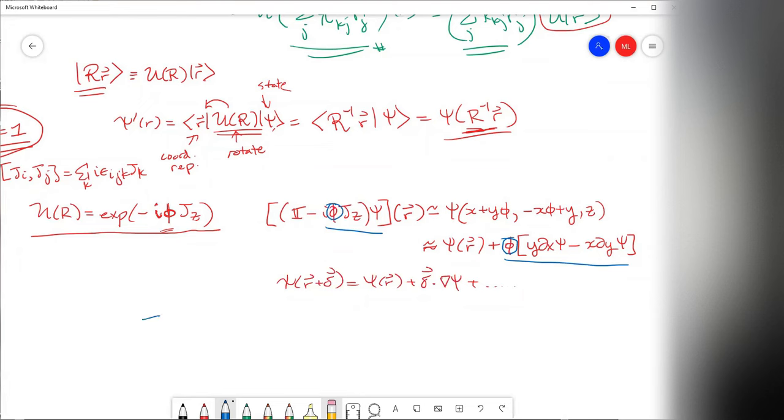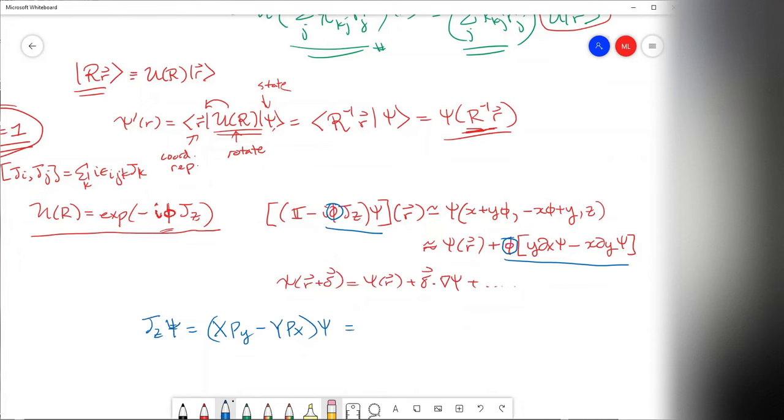So we conclude from here that Jz acting on psi is x p_y minus y p_x. The little i here, we can multiply both sides by i, and then we get the momentum operators. Again, h bar is 1, so there's no h bar. So this just becomes x p_y minus y p_x acting on psi.